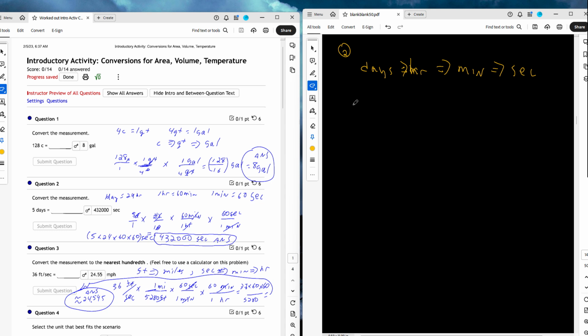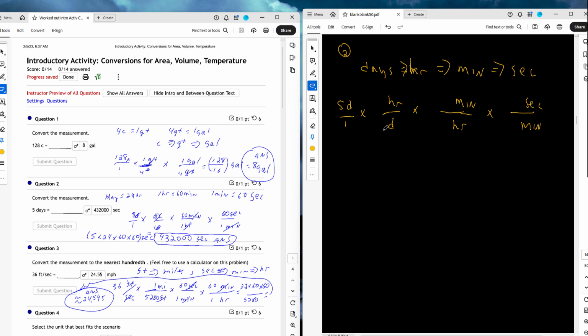So I start out with 5 days. And I want days to cancel out and replace it with hours. And then I want hours to cancel out and replace it with minutes. And then I want minutes to cancel out and replace it with seconds.